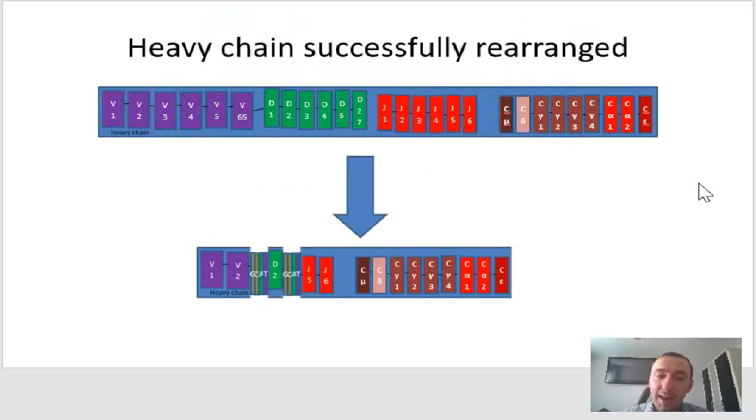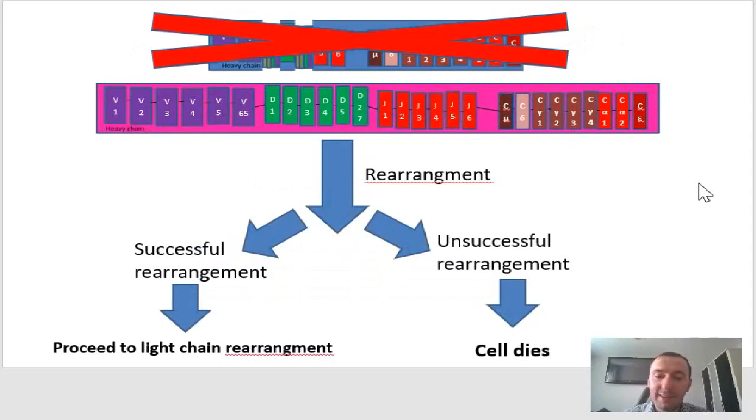But the heavy chain's been rearranged successfully. But what if the heavy chain isn't successfully rearranged? Then what it can do is switch that gene off and try to rearrange the other copy of the heavy chain. In this case, the mother's copy of the heavy chain.